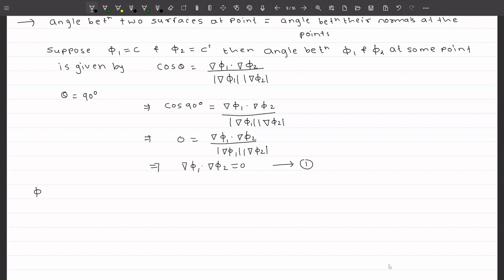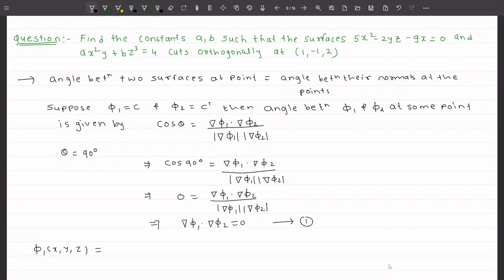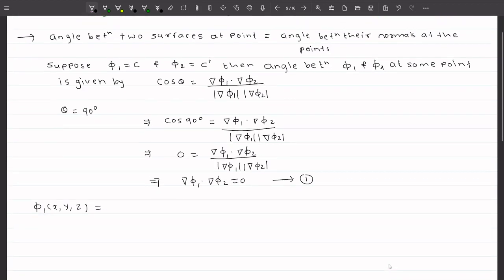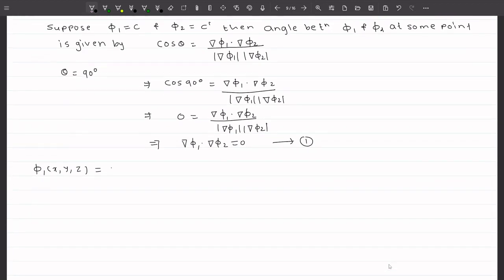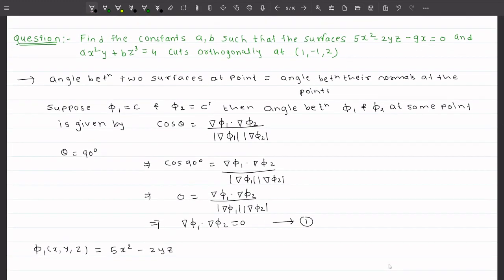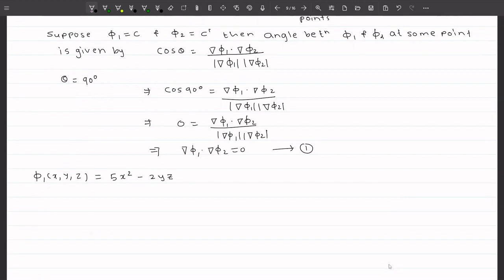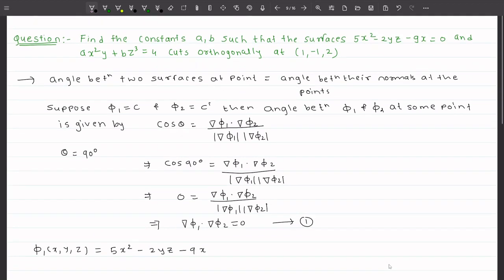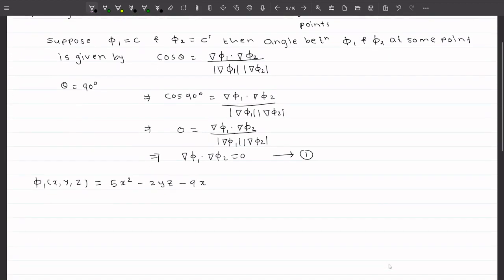The phi 1 surface is 5x² − 2yz − 9x equals 0. We need not write the 0 here.